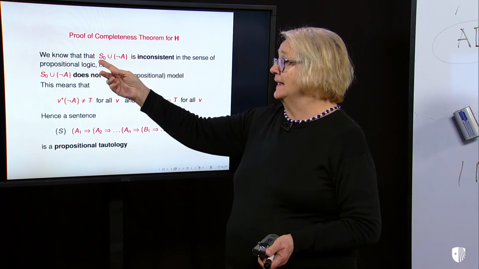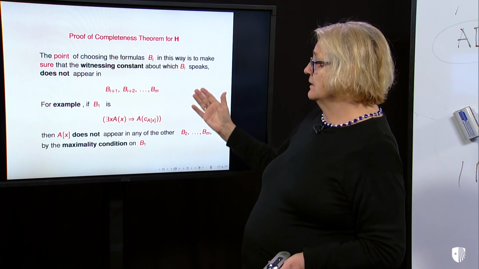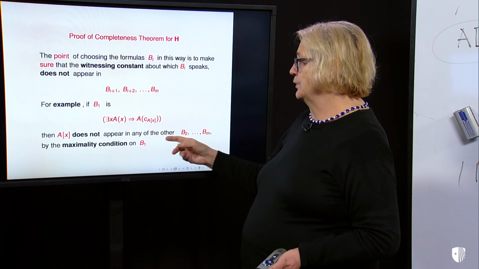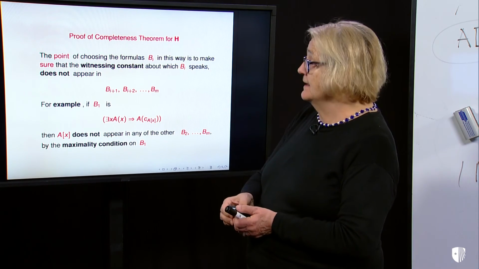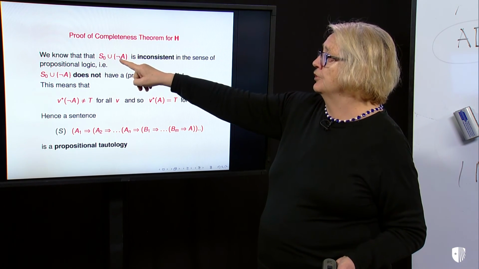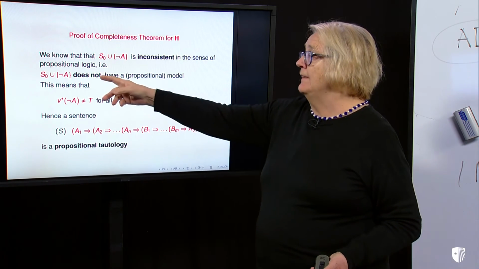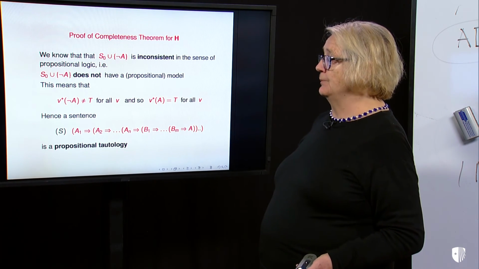And we know now that we have those witnessing constants. So for example, you have A0 union the negation of A is inconsistent in propositional logic. So that does not have a propositional model.